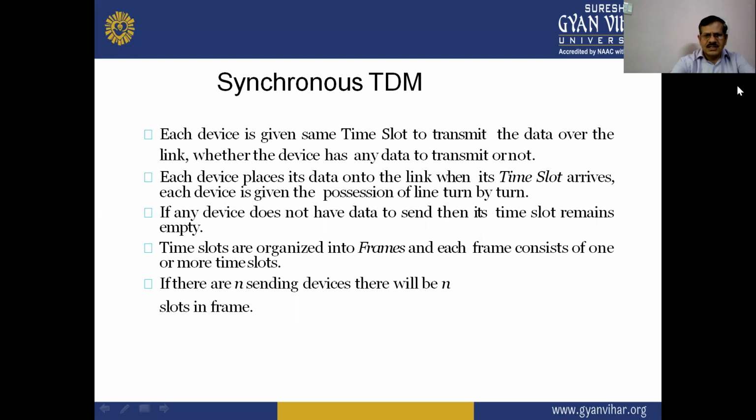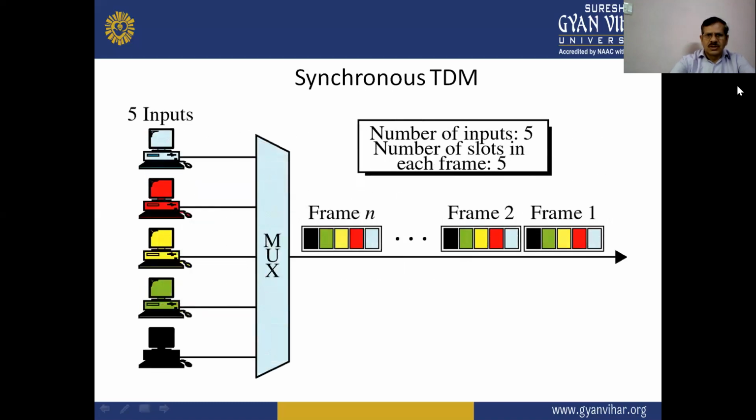If there are n sending devices, there will be n slots in each frame in that synchronous TDM system. So in this synchronous TDM system, there are 5 inputs and these inputs are converted into 5 frames with the help of the multiplexer. So in synchronous TDM, the number of inputs is 5 and the number of slots in each frame is 5. So this is the synchronous TDM process.